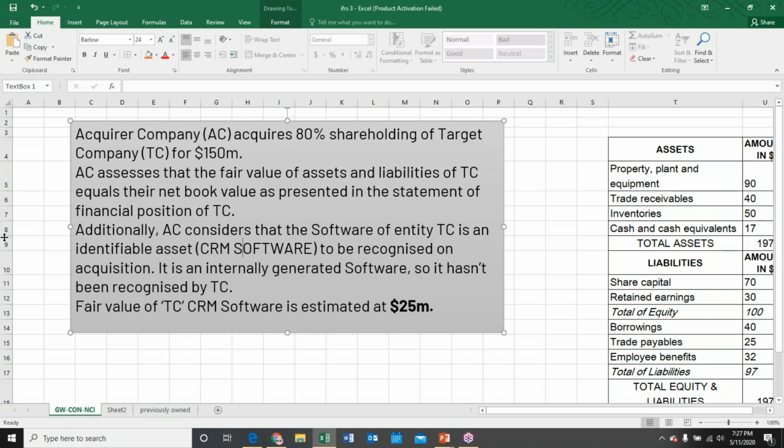My CRM software, I have recognized it as a software, and the AC company has measured the fair value, whatever approach they have used.